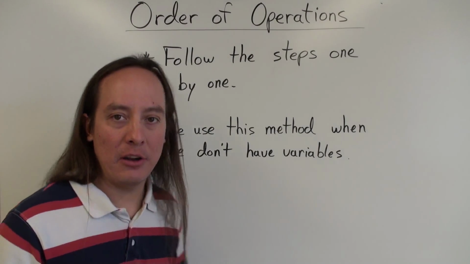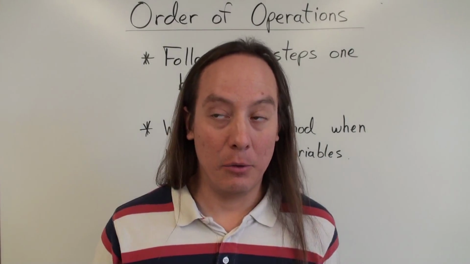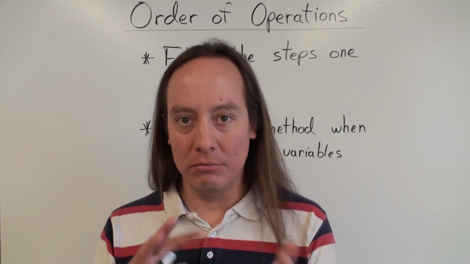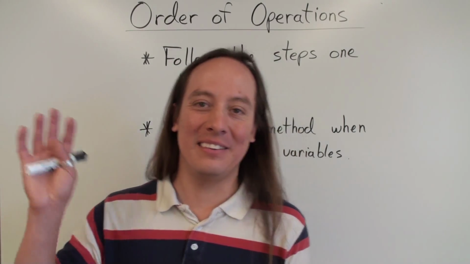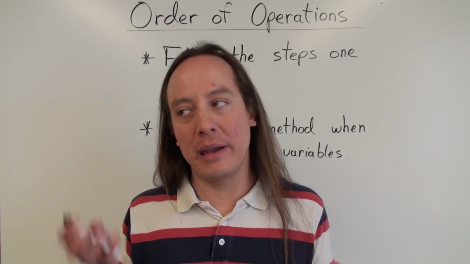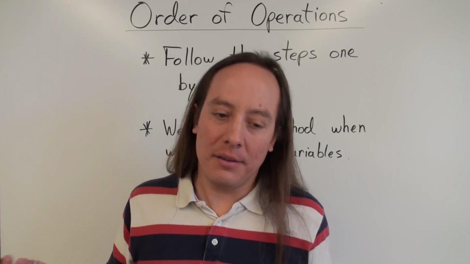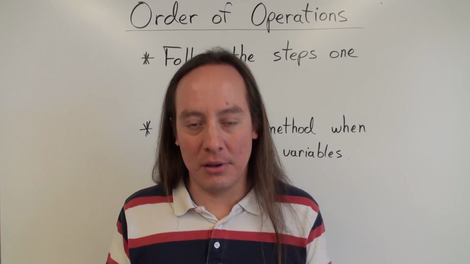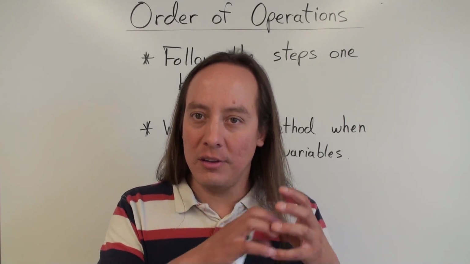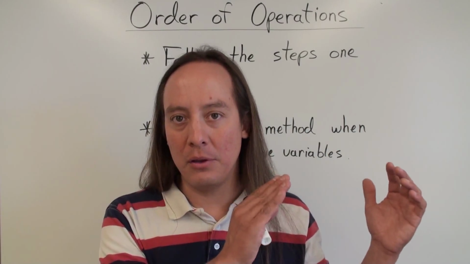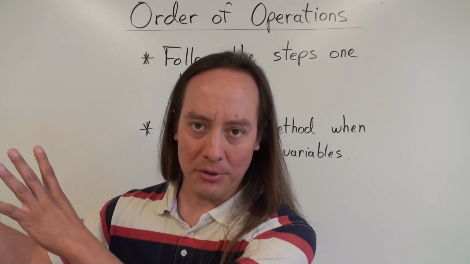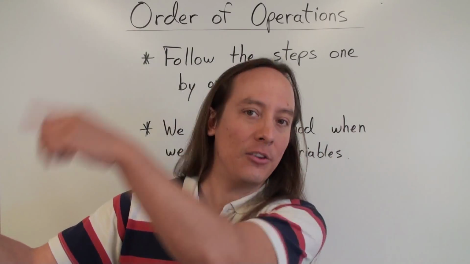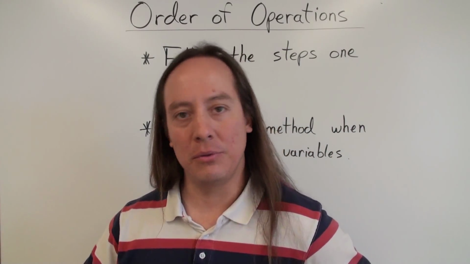We can only use the order of operations when they give us all the numbers. We have to have all of the numbers and their little operations, you know, additions, subtractions, divisions, and whatnot. But we need to have all the numbers. We can't have letters, okay? Because this is where a lot of people get confused, well, at least some of my students anyway. We have the order of operations with a certain set of rules, and then we have this other kind of problem that has variables, and my students want to use order of operations on those problems when they can't do that.